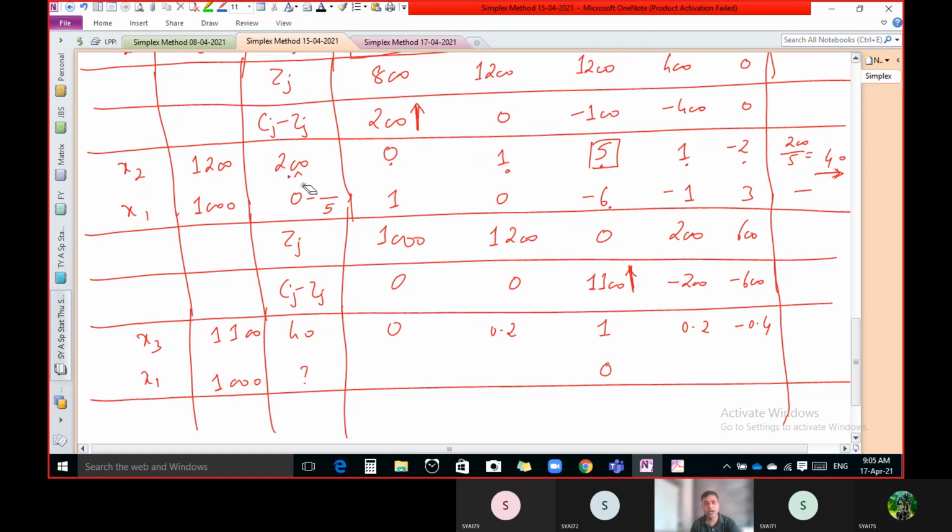So multiply 200 with minus 6, that means minus 1200. But minus minus becomes plus, and 1200 divided by 5 is 240. So 0 plus 240 is 240. In place of 0, we write 240.